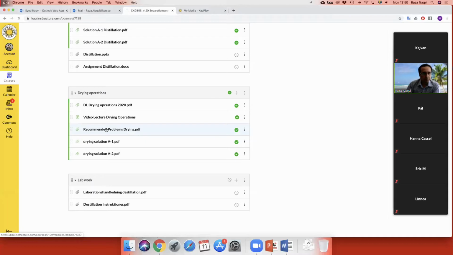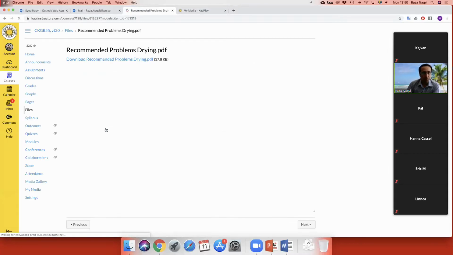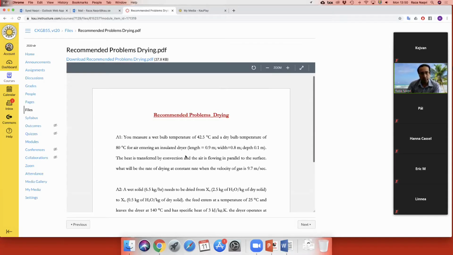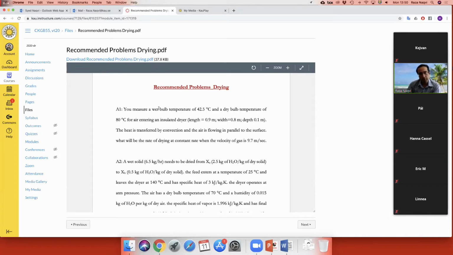So I have recommended two problems for drying. In the first problem, you know the wet bulb temperature and the dry bulb temperature, and you know the length, width and depth of the dryer.